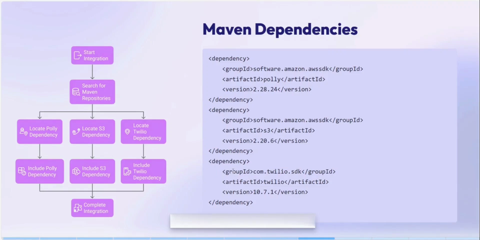Everyone knows how to include a Maven dependency, but first of all, we need to go to a browser. Within the browser, go to the Maven repository website, search for Polly, S3, and Twilio, include the dependencies, and paste them in your pom.xml file.